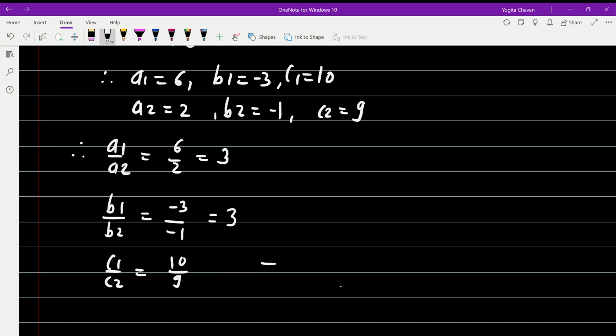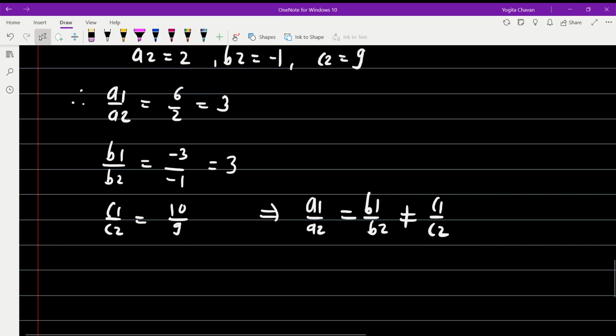So this implies a1 upon a2 is equal to b1 upon b2, but this is not equal to c1 upon c2. Therefore, what is the conclusion? Therefore, lines are parallel.